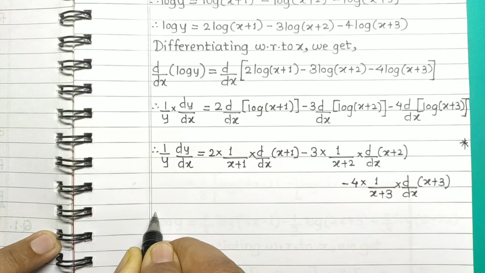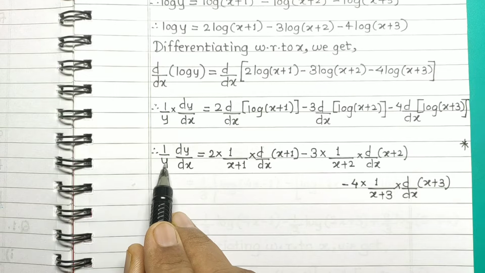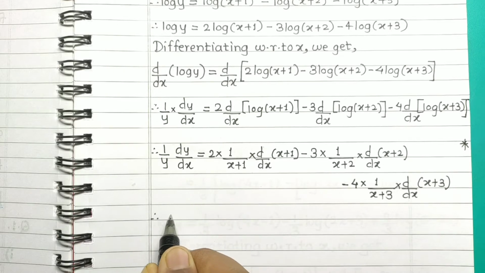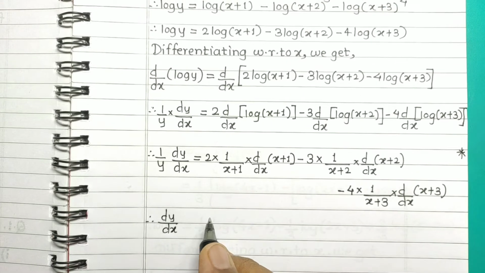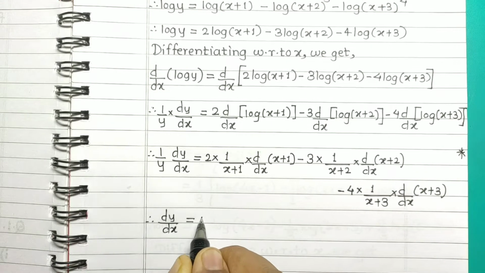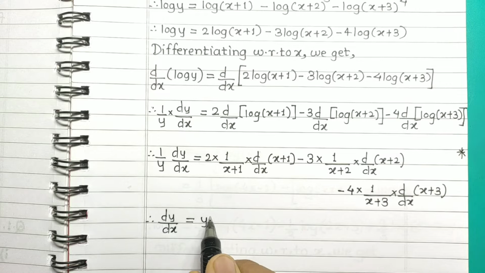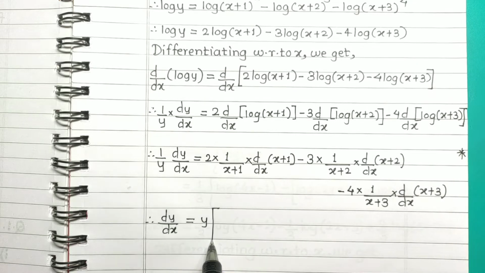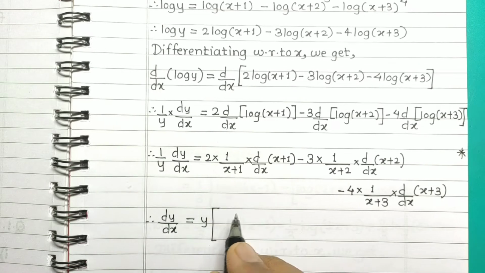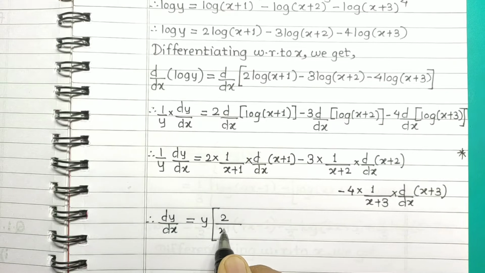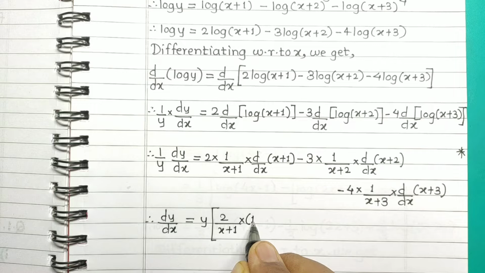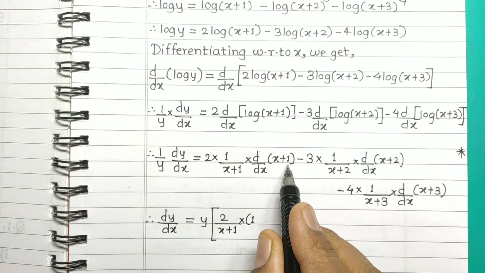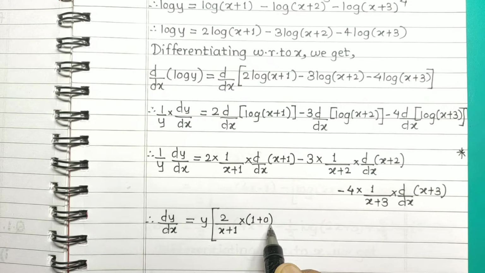Then let's evaluate these three derivatives in the next step. Here let me multiply this y on the RHS. So we have dy by dx is equal to y into, let's write all these terms: this is 2 by (x plus 1) and the derivative of x is 1. Since 1 is constant, its derivative is 0.